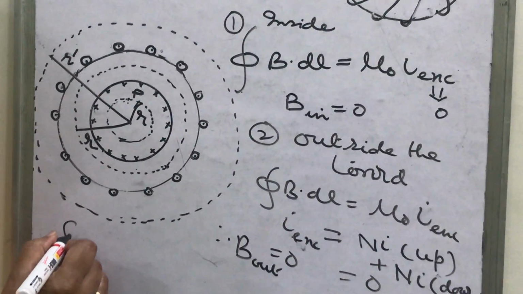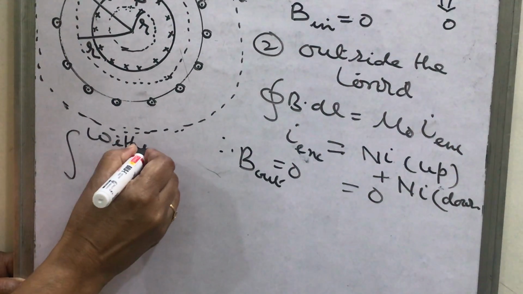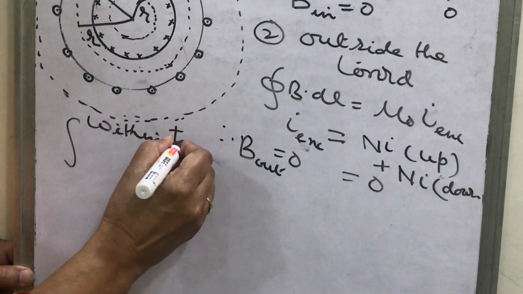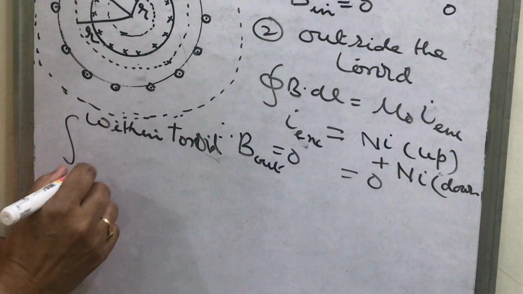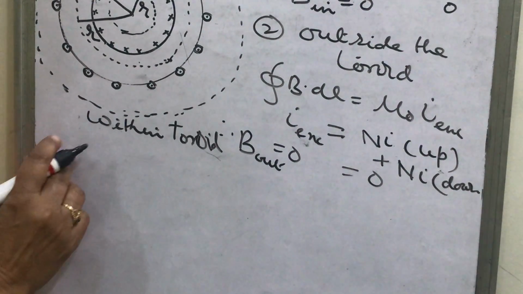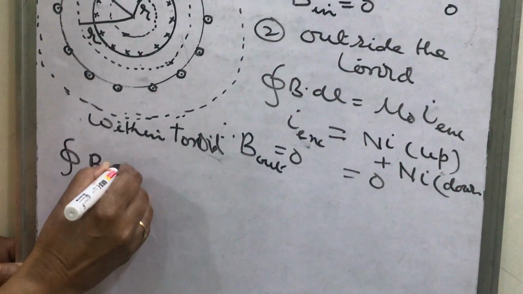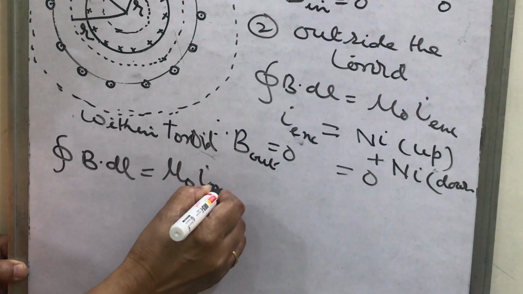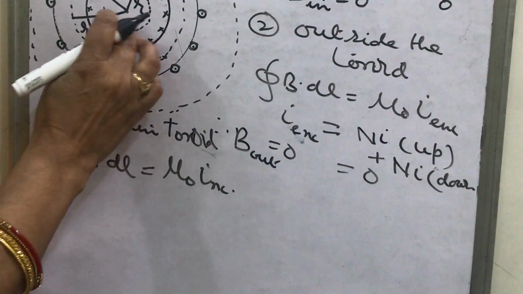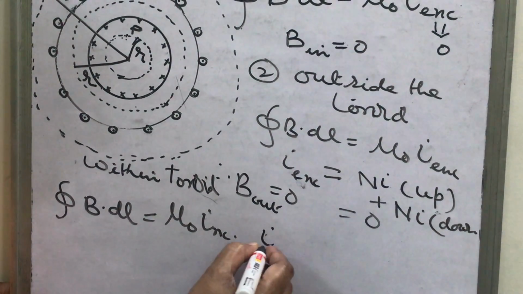Within the toroid, you will write B dot dl equal to mu naught I enclosed. What do we observe here?